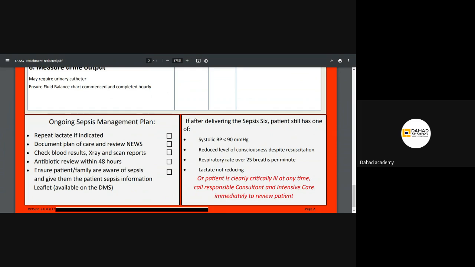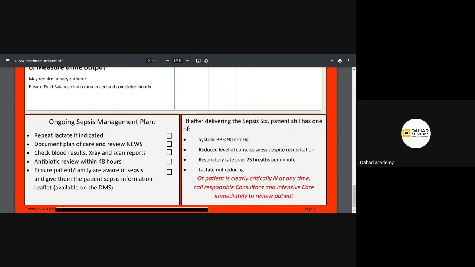If the patient's blood pressure is still lower than 90, you will need to give more fluid. If the patient's consciousness is still not very well, is not coming back, you will need to reassess the whole situation and give fluid again to make sure that the patient is okay. If the respiratory rate is still high and he's not having enough oxygen, make sure that he's having oxygen.